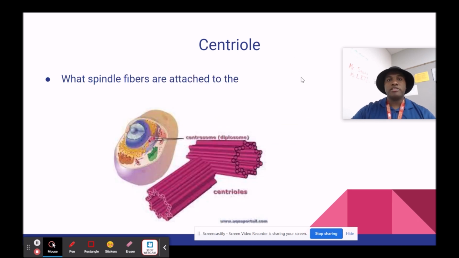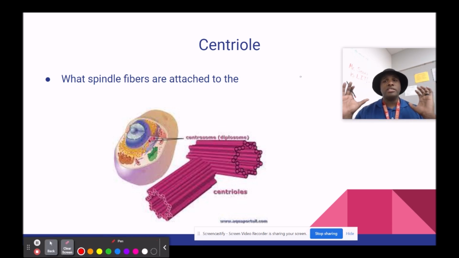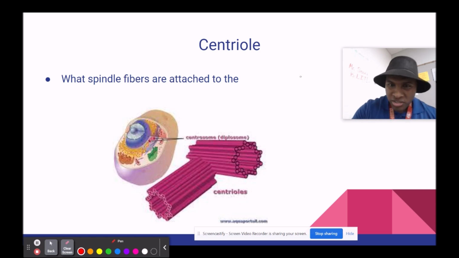Moving on, another C word is what we call a centriole. Centrioles have a huge job in cell division. What are called spindle fibers come out of the centrioles when it's time to pull apart the chromosomes. So, right in here, this is where those spindle fibers come out.